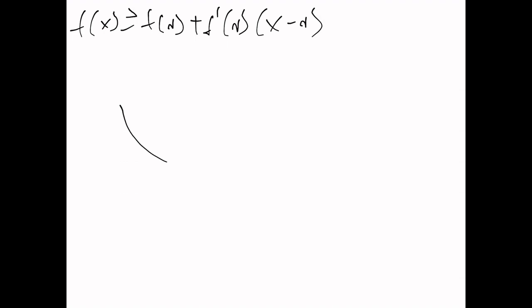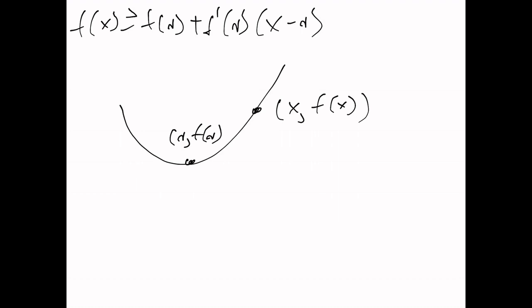If we have a convex function like this, then f of x, so let this be x comma f of x, is always going to be greater than some line like this. So we'll let this be a comma f of a. And so this is the tangent line.